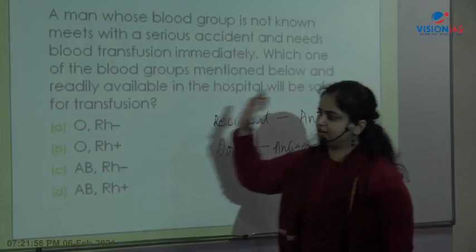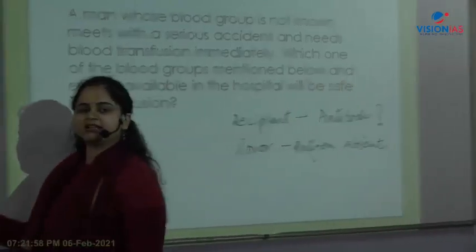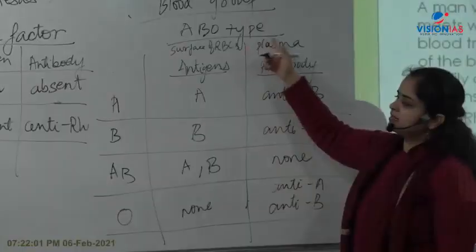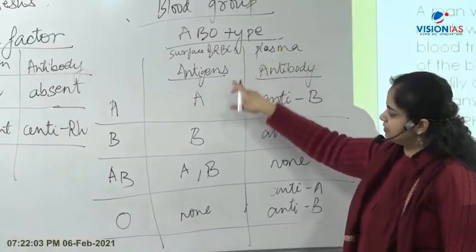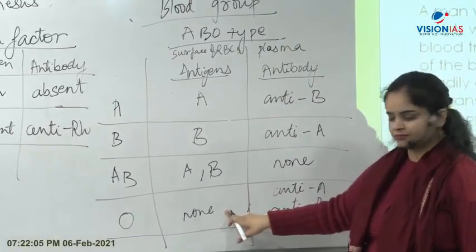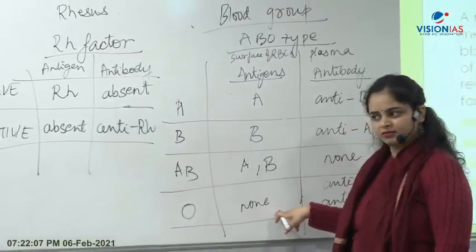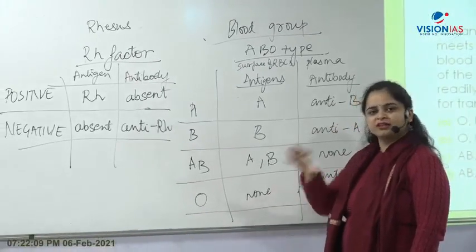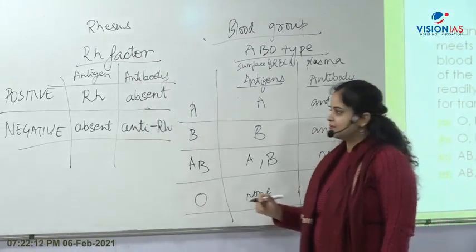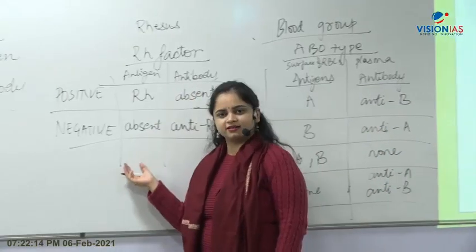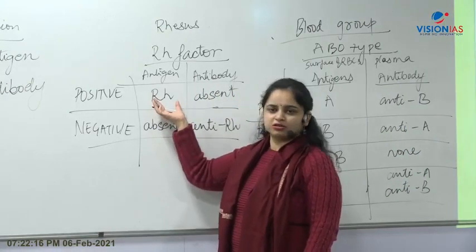So, we will have to look for a blood group where there are no antigens, right? I will take you to my tables to find that blood group. In ABO type, the blood group which does not have any antigen is blood group O, right? Blood group O you all have identified, but what you have not identified is the Rh part.